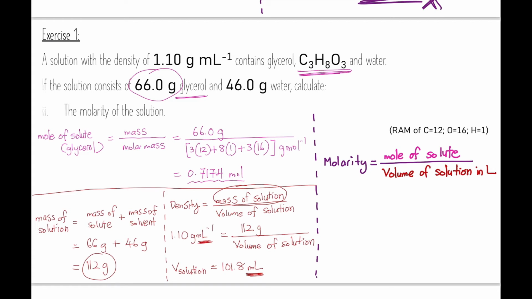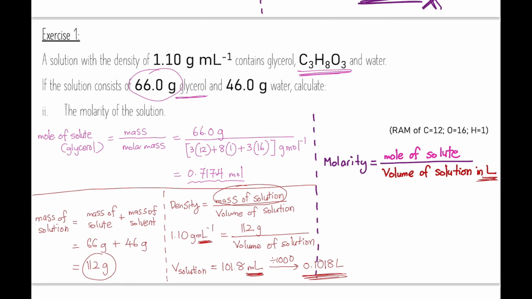To calculate molarity, we need to make sure that the volume used is in liter. Therefore, divide the value by 1000 and we will find that the volume of solution is 0.1018 liter.